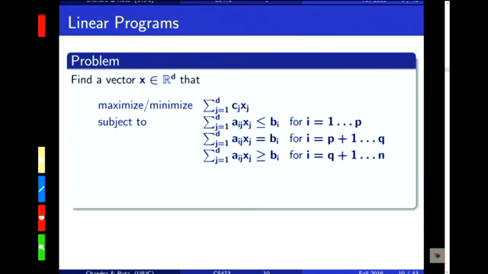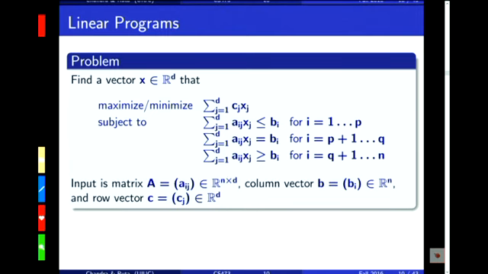Okay? And we can think of this problem in matrix form where the Aij coordinates form a matrix. So if there are, say, n constraints in total, and suppose there are d variables, then A is an n cross d matrix. You see that?